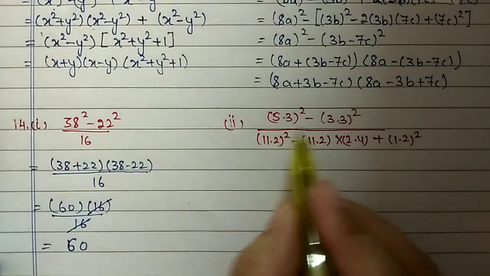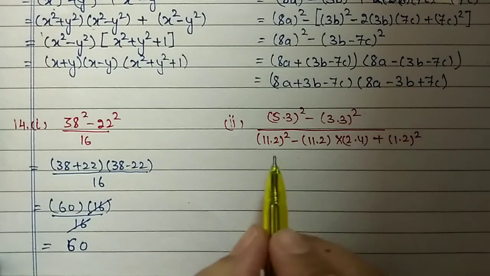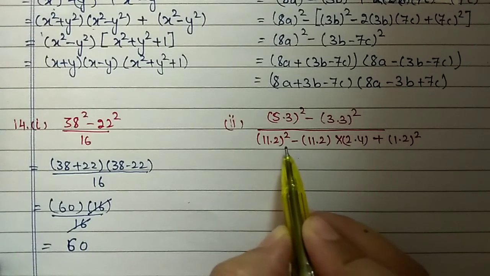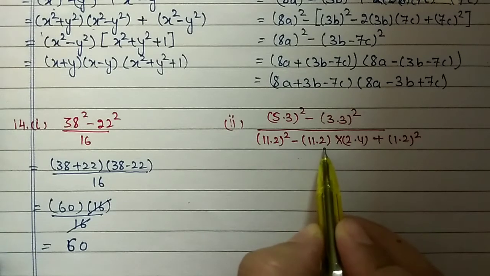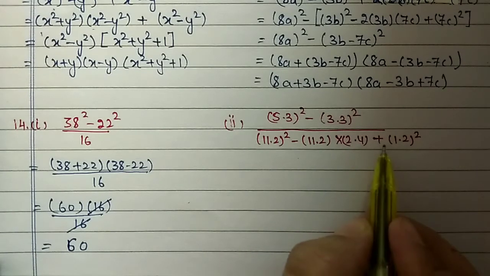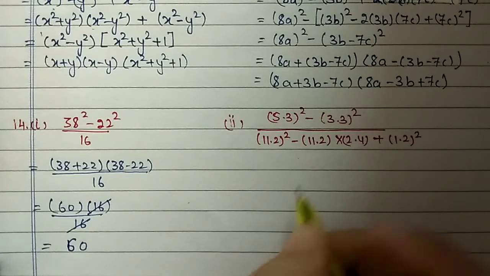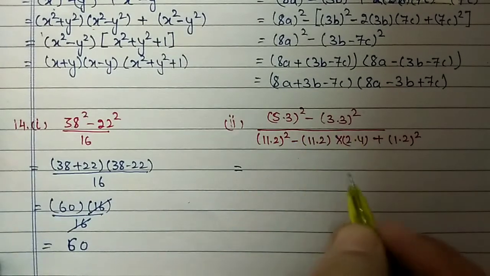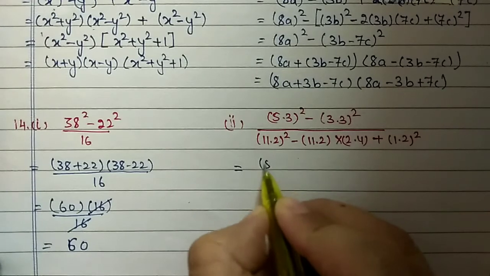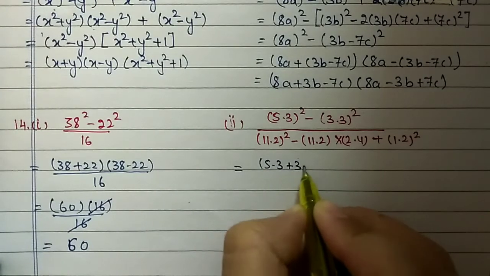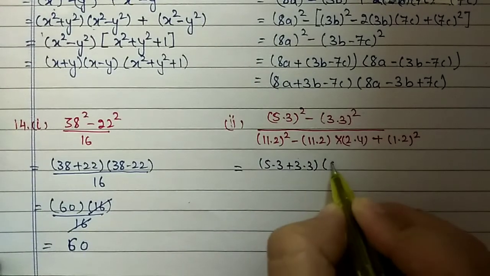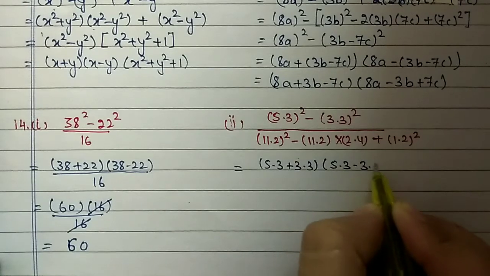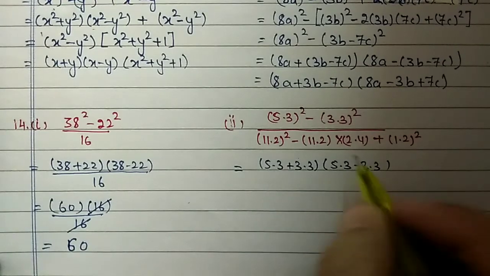Second part, 5.3 whole square minus 3.3 whole square divided by 11.2 whole square minus 11.2 into 2.4 plus 1.2 whole square. So in the numerator we can use the a square minus b square formula. So it will become 5.3 plus 3.3 and 5.3 minus 3.3, a plus b, a minus b.